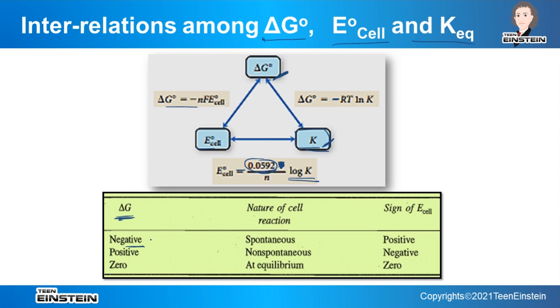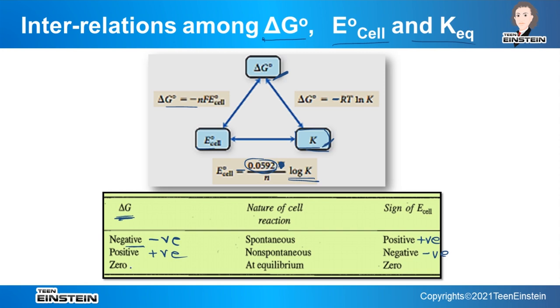So when it is negative, the nature of the reaction will be spontaneous, and E cell will be positive. Similarly, when ΔG is positive, E cell will be negative. That means the reaction is not spontaneous. So in that case, electrical energy has to be provided so that this non-spontaneous reaction is possible.